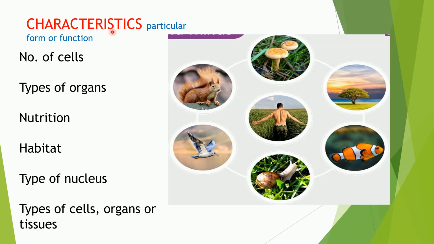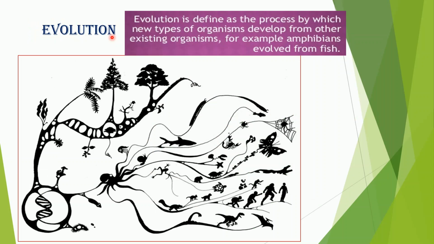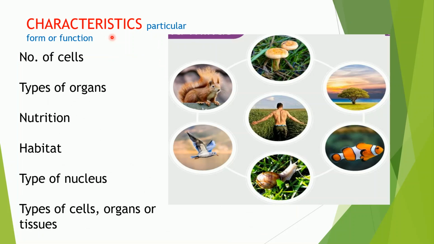When we take these characteristics, we see that the organisms are not alike. They are going to have differences or variations ranging from minute to very huge variations. Clear, children? So these characteristics are the criteria even for grouping the organisms.